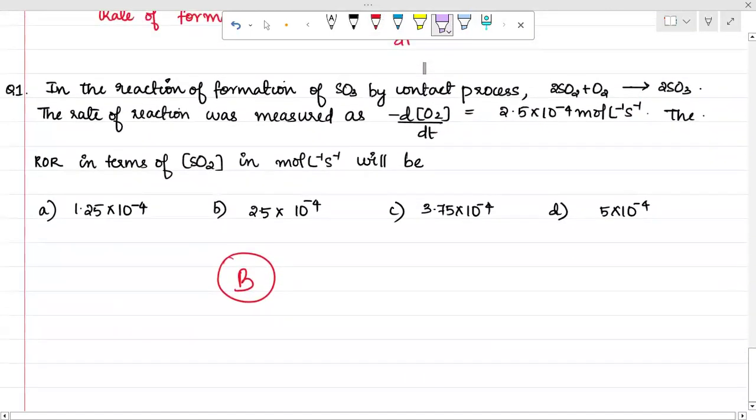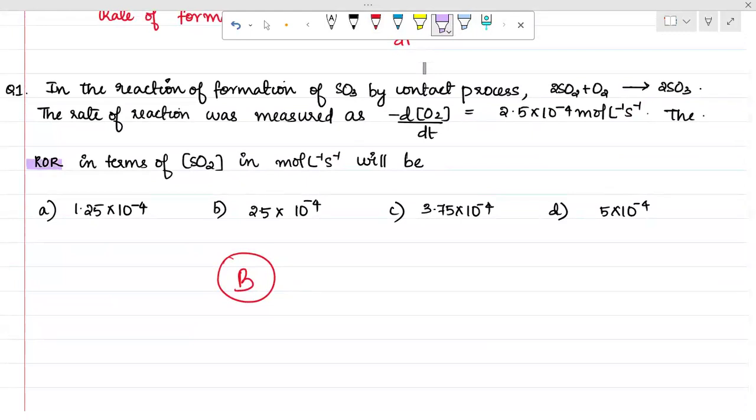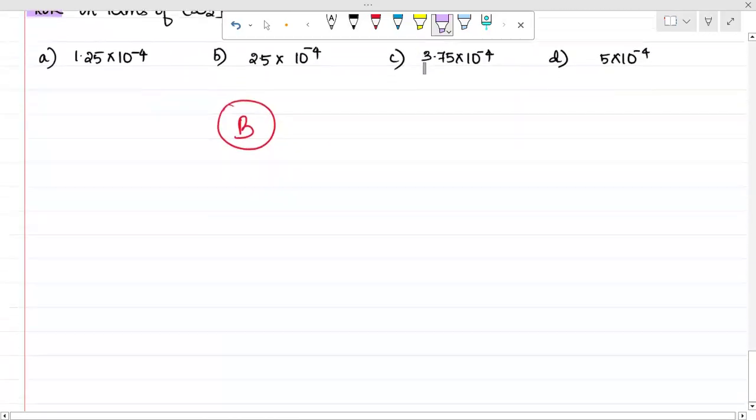The question is given with respect to O2, and they have asked with respect to SO2, the rate of the reaction. It's not going to change. The rates of the reaction with respect to SO2, O2, and SO3 are all going to be the same, and that is 2.5 into 10 to the power minus 4. So the correct answer is option B.